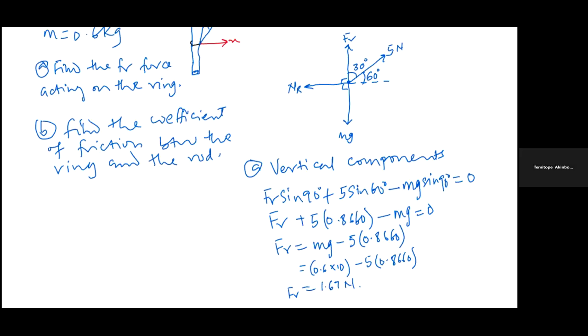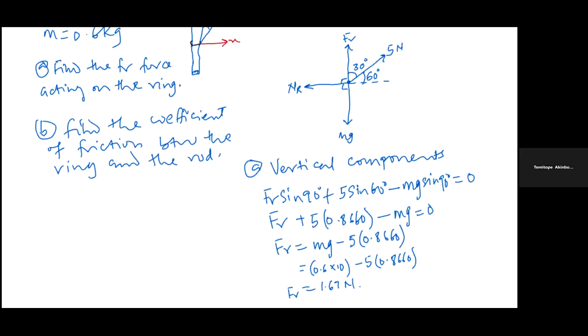So we are assuming that the ring is moving downwards. No. We are not assuming. We are factual. The rod is vertical. By standard, the weight will act downwards. It's not an assumption. It's fact. Do you understand? As you are seated, in which direction is your weight acting?